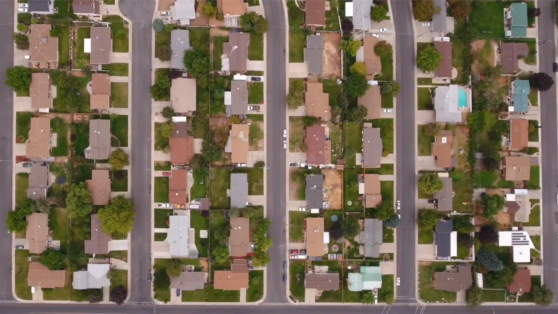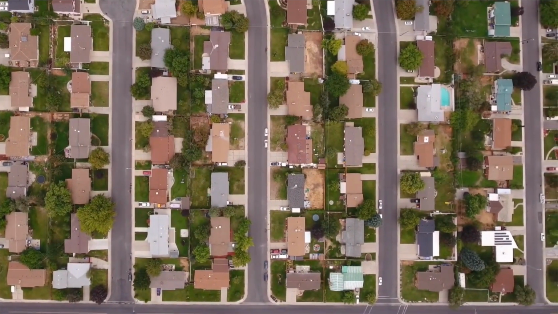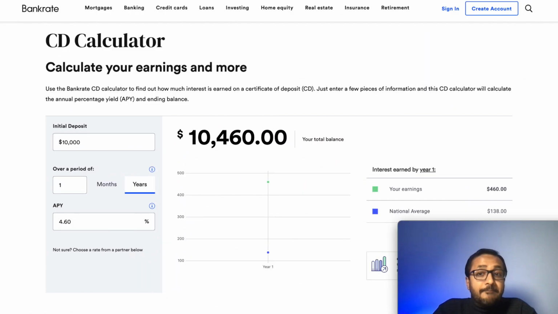Let's get into it. If you use the bankrate.com CD calculator, I'll put the link in the description below. Using this calculator, you can calculate how much money you're going to make based on the interest rates you're getting. As an example, I have $10,000 as my initial deposit and I'm looking at 52 weeks, a period of 1 year.